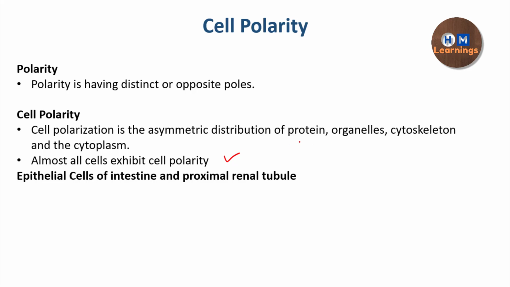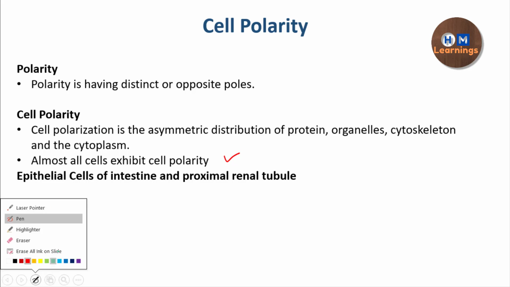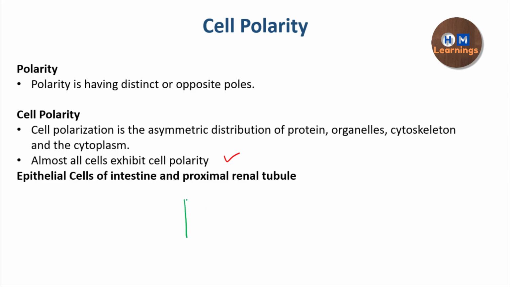Before we understand what we mean by polarity and discuss it in more detail, we will see the general layout of epithelial cells to understand their structure. If I draw one epithelial cell, this is a simple epithelial cell. Simple epithelial means there is a single layer of epithelial cells lying over the basement membrane.